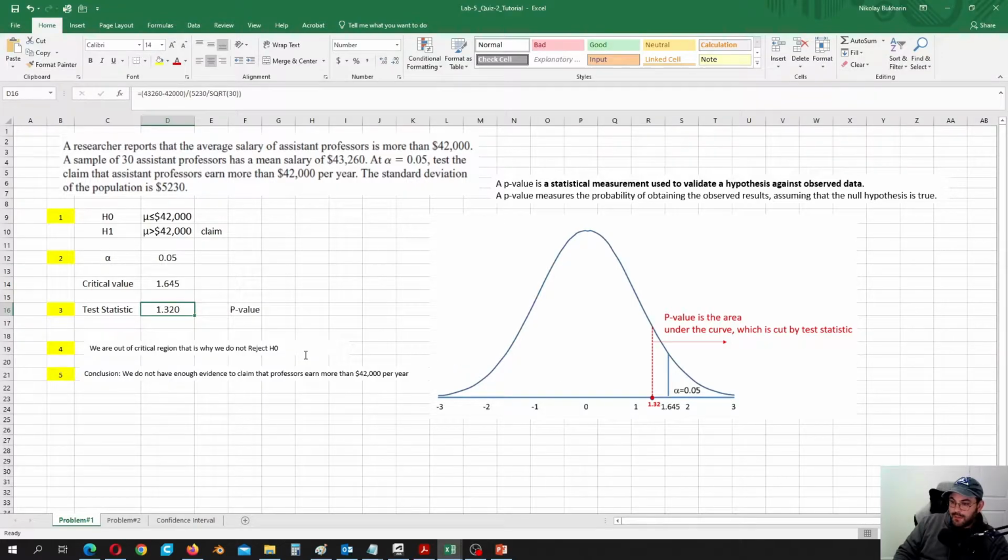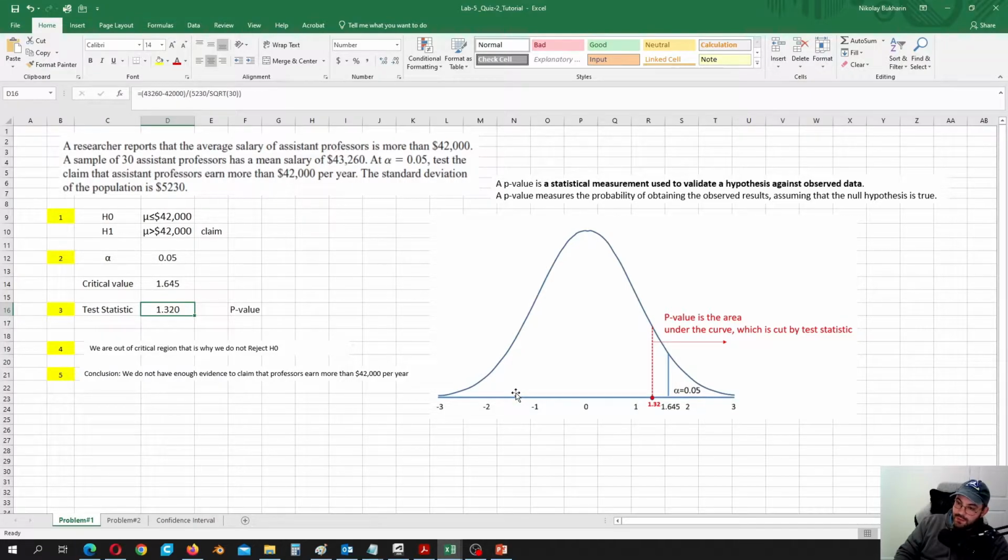Here we are going to do it differently. Instead of calculating the critical value, we are going to leave our significance as is, and instead we are going to take our test statistic and calculate the area from the test statistic to the right for a right tail.